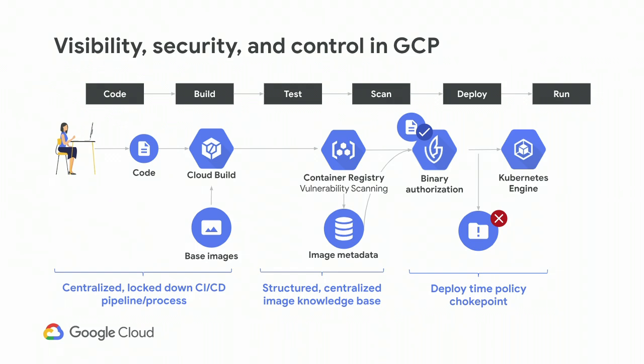Then, as the different artifacts are built and the container images are pushed to Container Registry, we scan them for known security vulnerabilities. This gives you the ability to identify those issues early on and the opportunity to address them if needed. Then, you can use Binary Authorization to define deployment-time policies to ensure that only artifacts that meet your organization's requirements can be deployed.